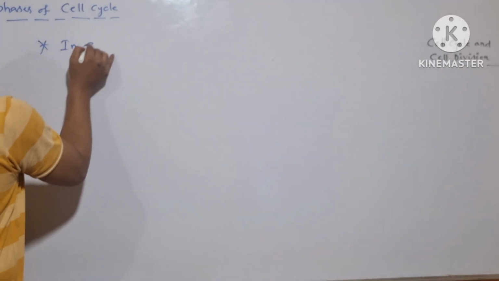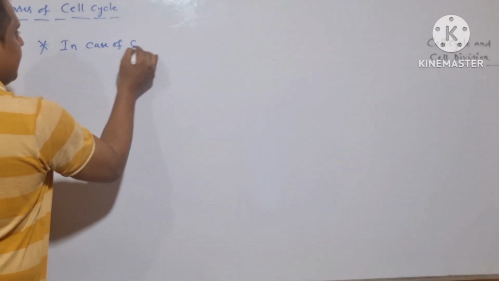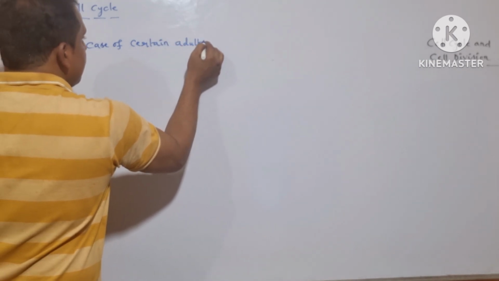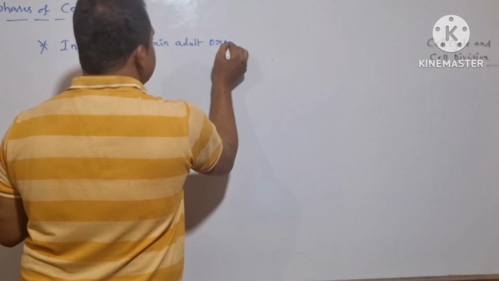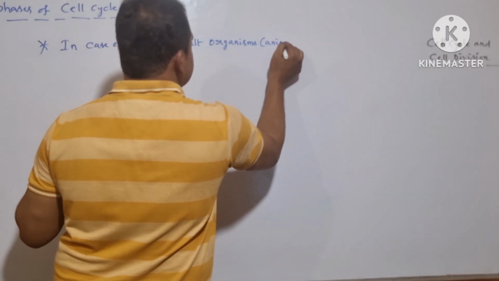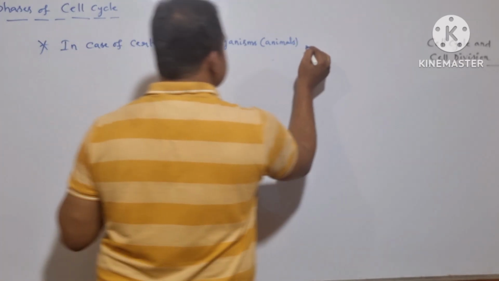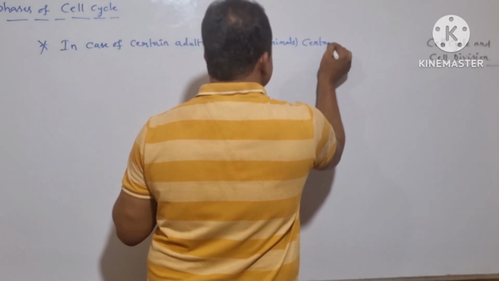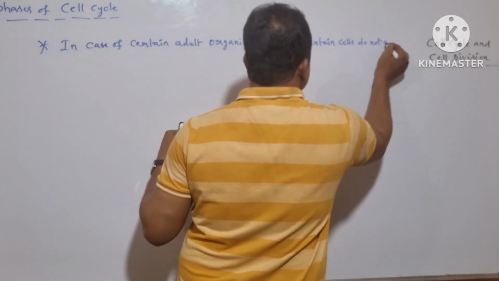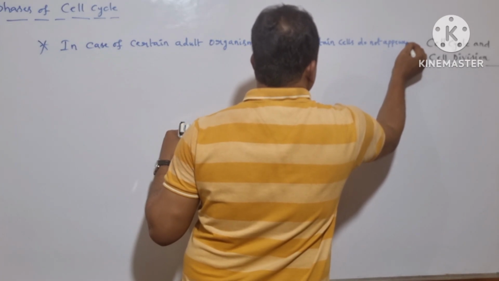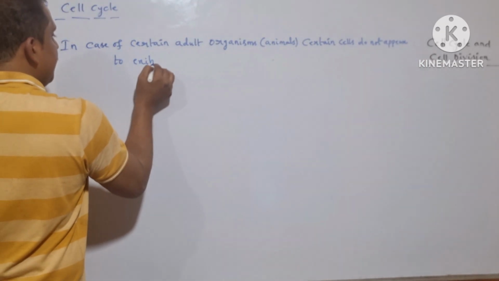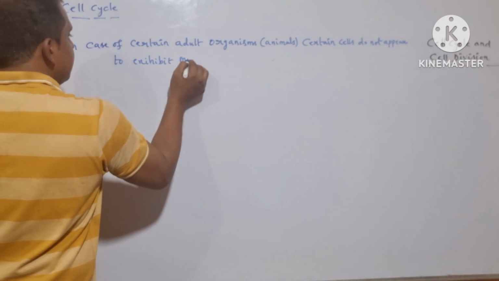In case of certain adult organisms like animals, certain cells do not appear to exhibit mitotic cell division.